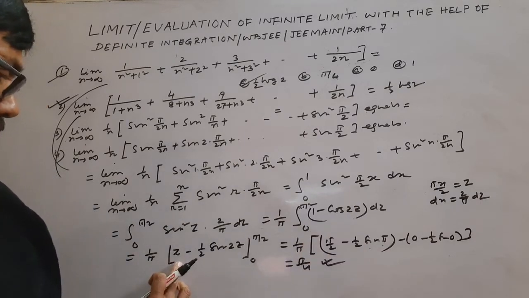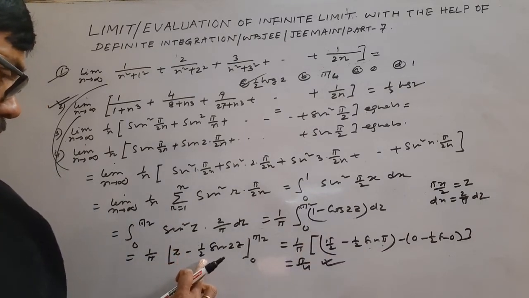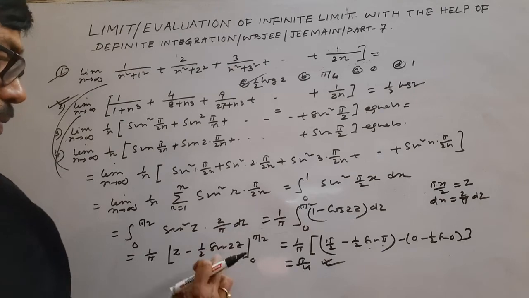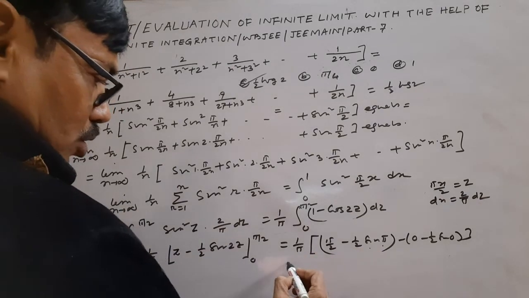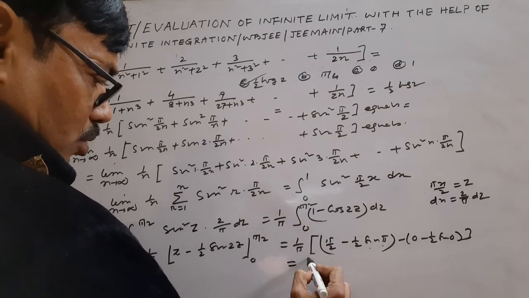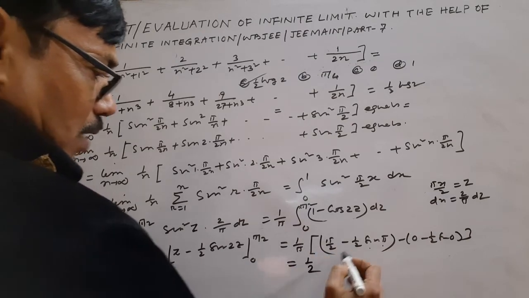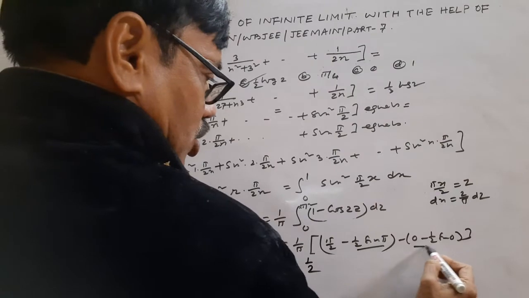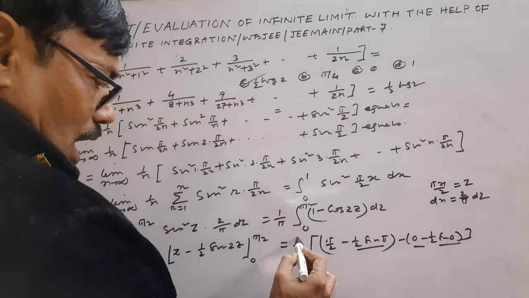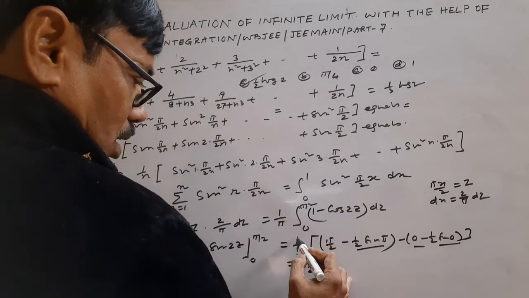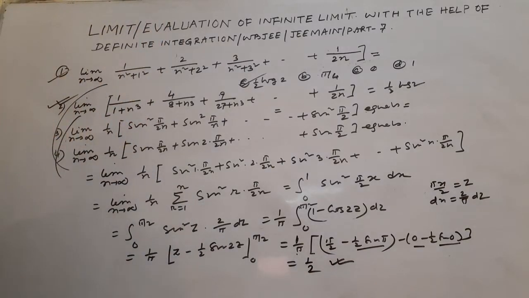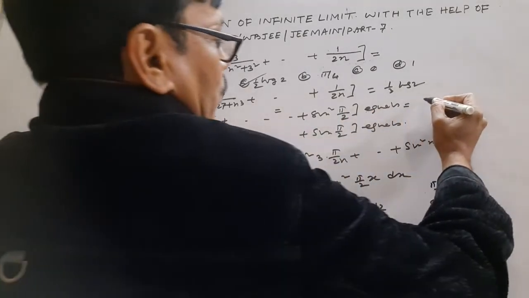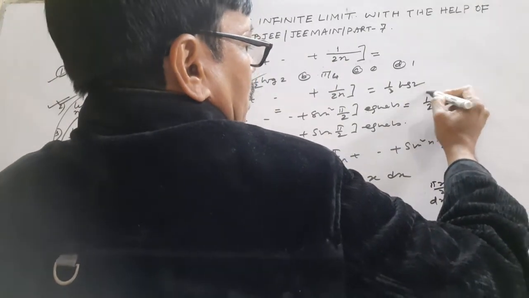So 1 by pi, z minus sine of this. So finally what we are getting, look, pi cancel. So this is half and this is 0. This is 0, this is 0. So half into 1 by pi into pi by 2. So answer is half. So value of limit is half.